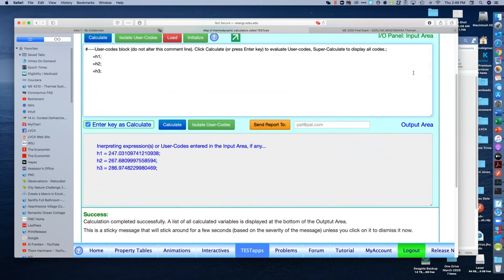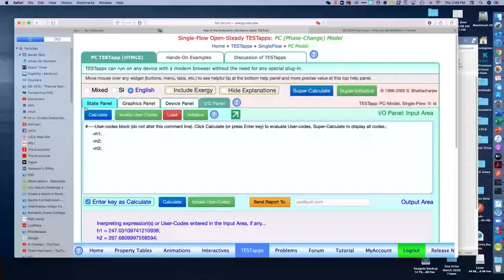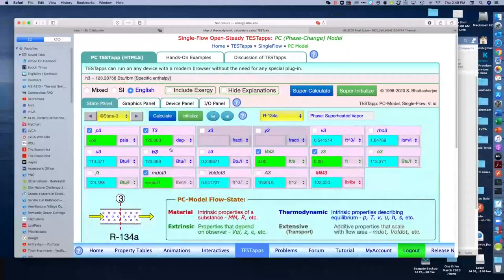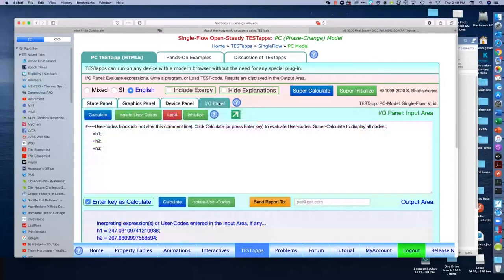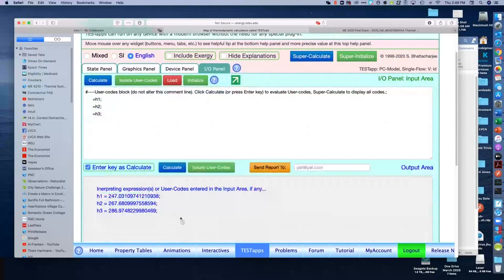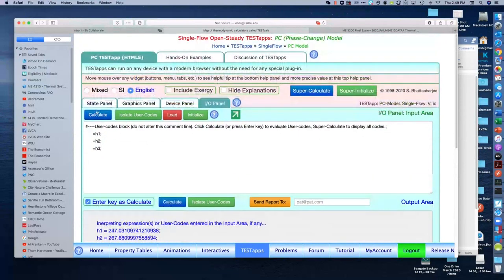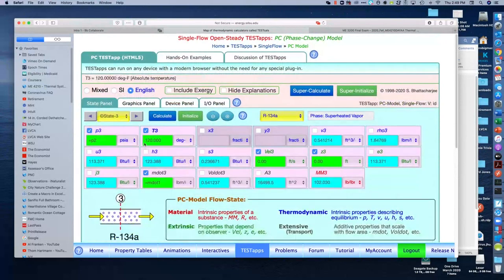Okay, now one of the things you need to be careful with is that the enthalpies are different because the I/O panel does everything in SI and not in English. And so if I went back to the state panel, I could, if I wanted to, switch this over to kilojoules per kilogram, and I get the 286.